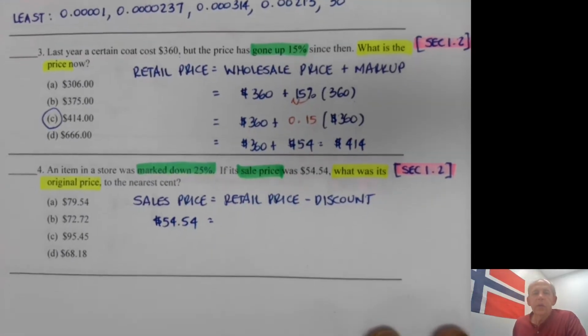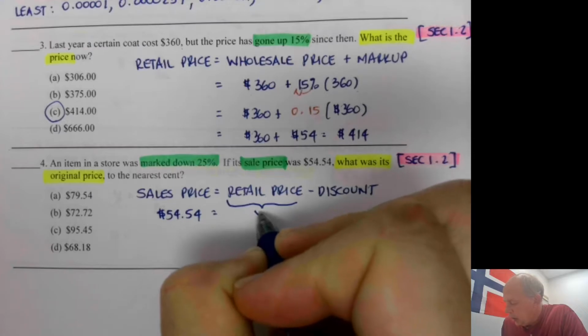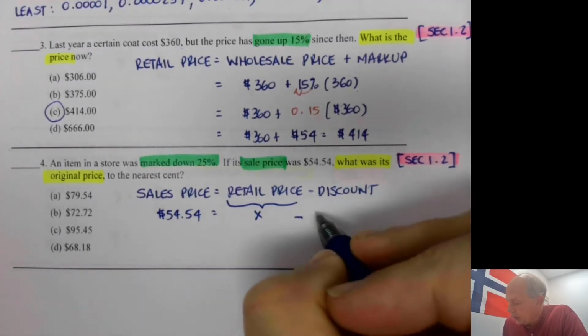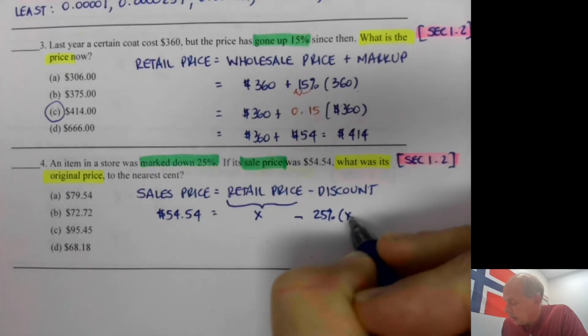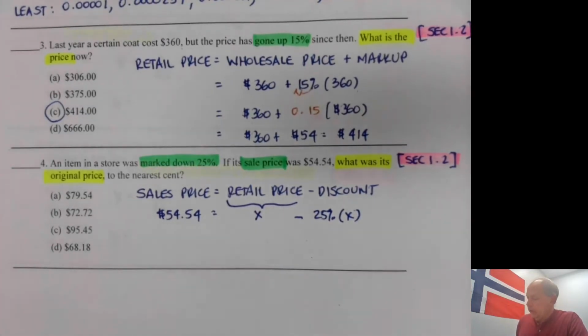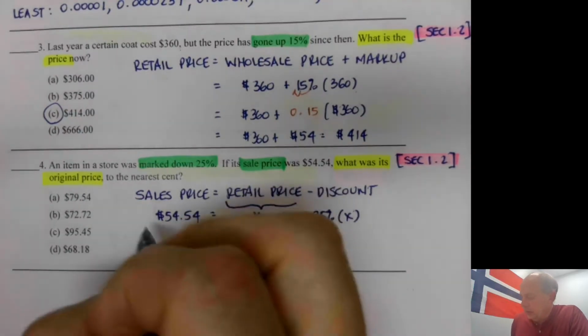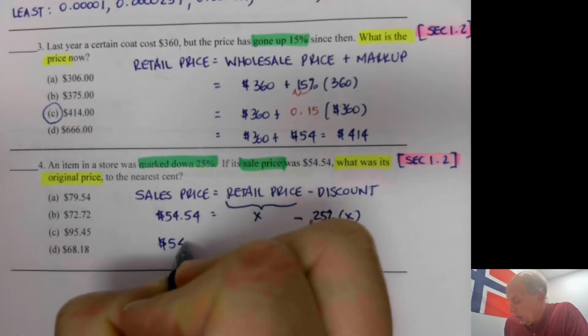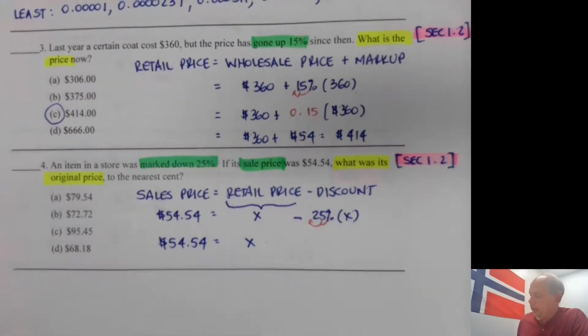We're looking to see what it originally came down from, the original retail price, if it was marked down 25% off. So, move the decimal over 2 places. I know this looks like a mess, all of the X's and algebra flying around.